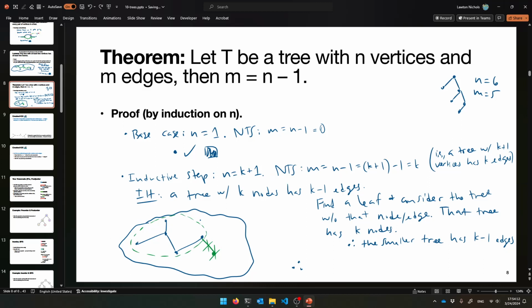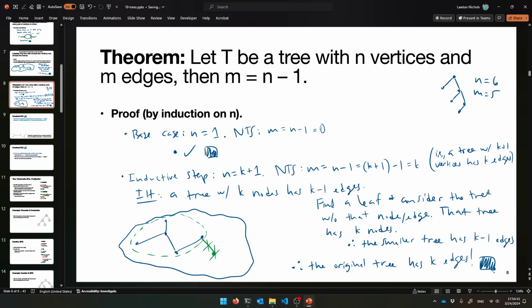So the original tree was off by one edge and one node. The original tree has k edges. I can't draw a tree in a way that I like right now. Tree has k edges. Bam, that's what I need to show for my inductive step. And so that proves the inductive step, QED.